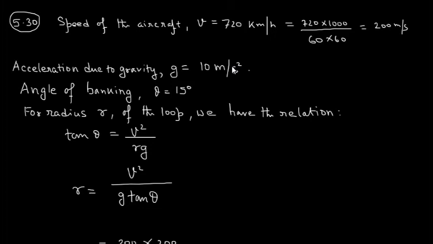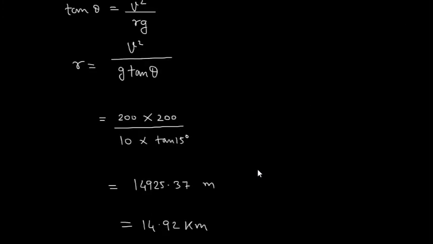For radius r of the loop, we have the relation tan theta is equal to v square upon rg. So r is equal to v square upon g tan theta.